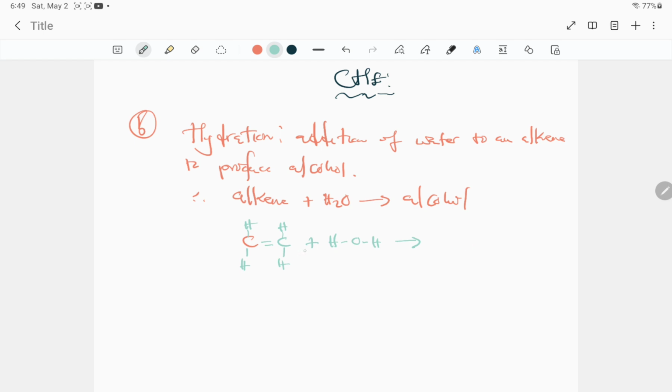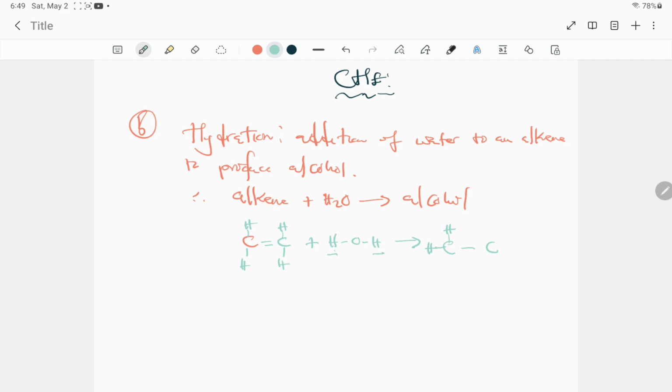So the double bond will break to accommodate hydroxyl and hydrogen. Here what will happen is this. We'll have these two hydrogens. Then from water we have two atoms of hydrogen, this one and this one.